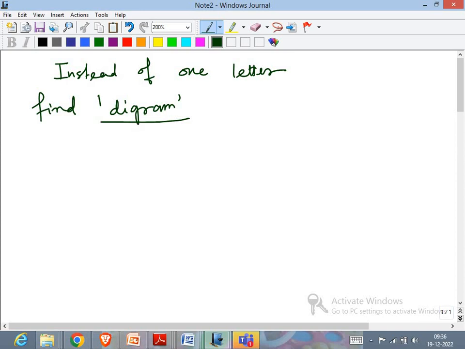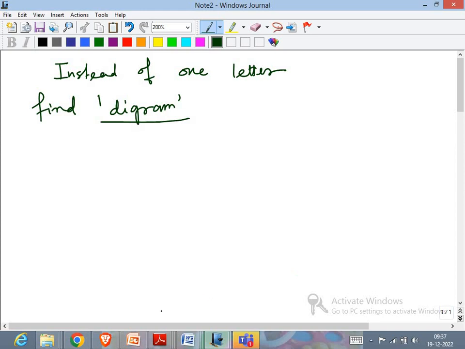Digram means a combination of two letters. If you have a doubt with the single letters and their frequency, we will try to find, in the three sentences that we have, whether there is a scenario where two letters combined have repeated multiple times or not.